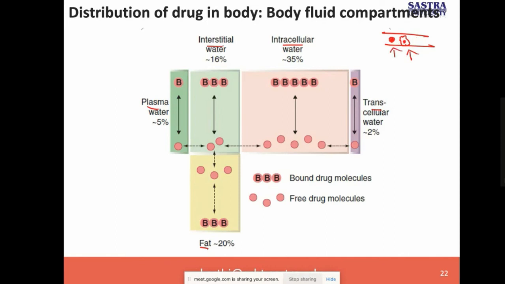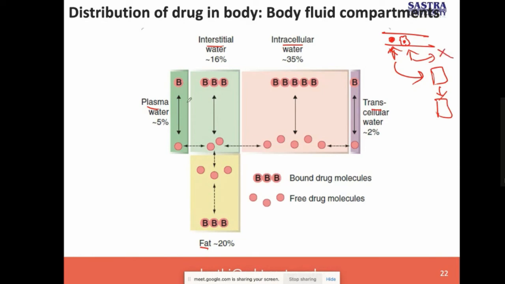The free active form can be distributed from one compartment to another compartment. Again, I repeat, the free active form of the drug molecule can be transferred from one compartment to another, but the bound inactive form cannot be transferred from one compartment to another.